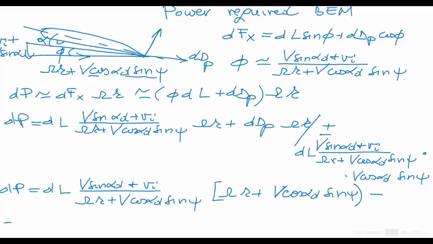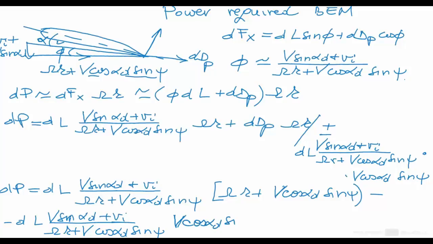minus dL multiplied by V sine of alpha disk plus vi, divided by omega r plus V cosine of alpha disk sine psi, multiplied by V cosine of alpha disk sine psi, plus dD multiplied by omega r.